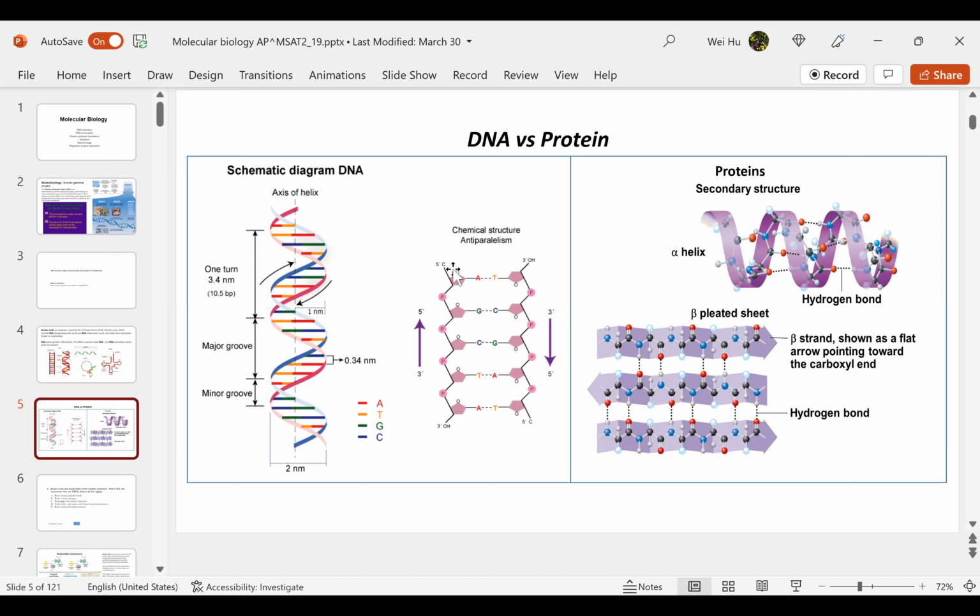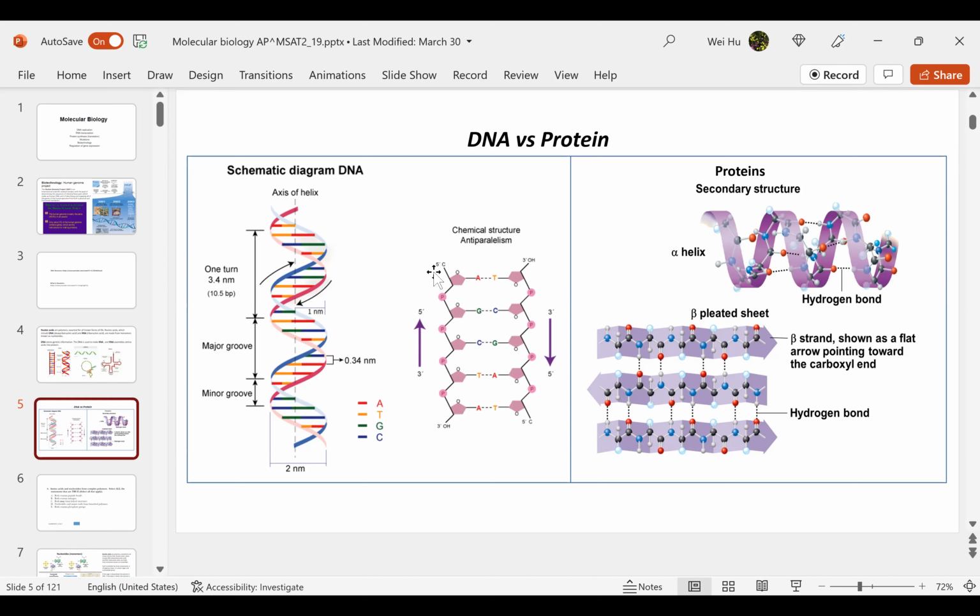Now the sugar, the 5 carbon sugar. What you can see here is the link with a phosphate group. So what is a 5 prime?